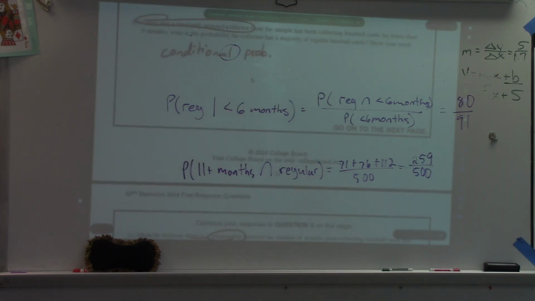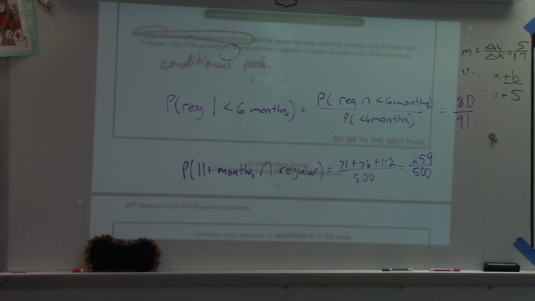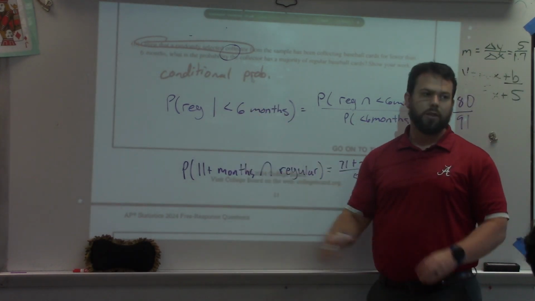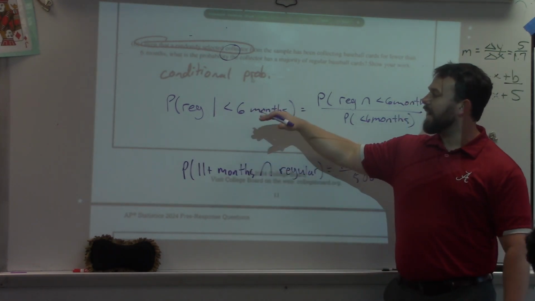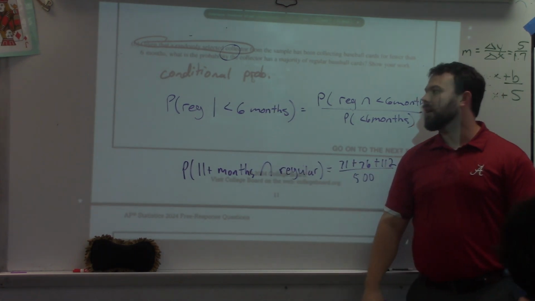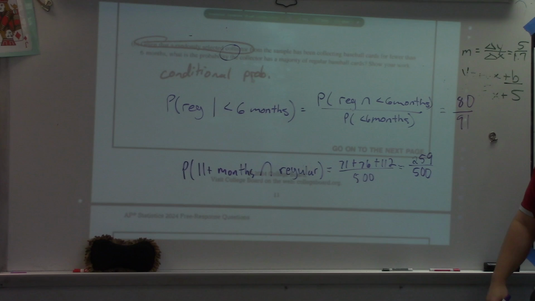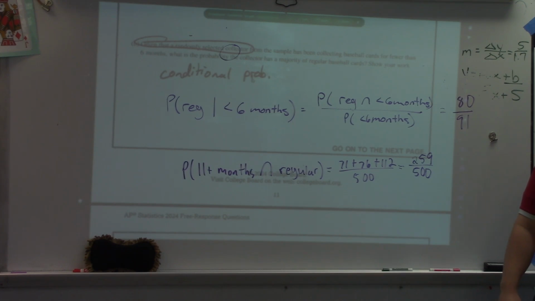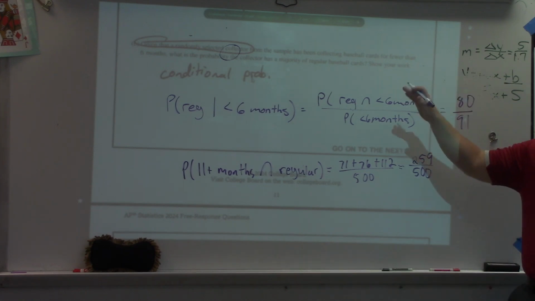I'm going to come back to that in a second. What I want to point out, to make sure that we remember how to do this: in just this one case, not the whole thing, how could I test to see if the events regular cards and less than 6 months are independent? Check whether it is equal to the probability of regular. You're going into the chi-squared, but I'm just saying these two events right here.